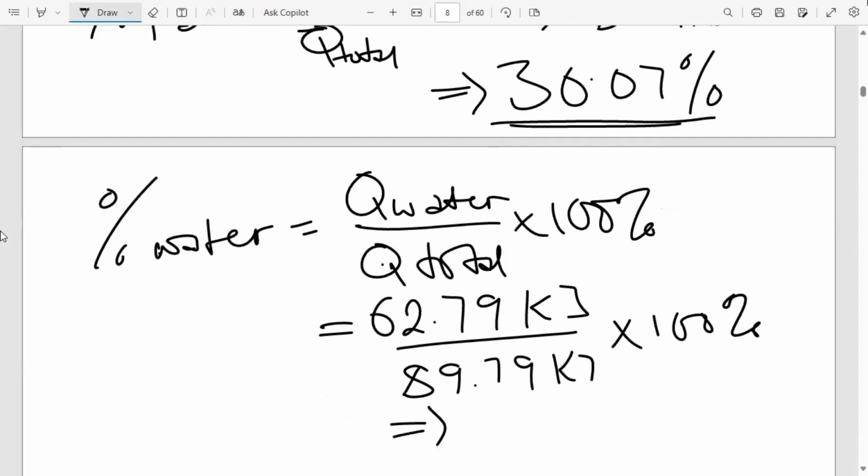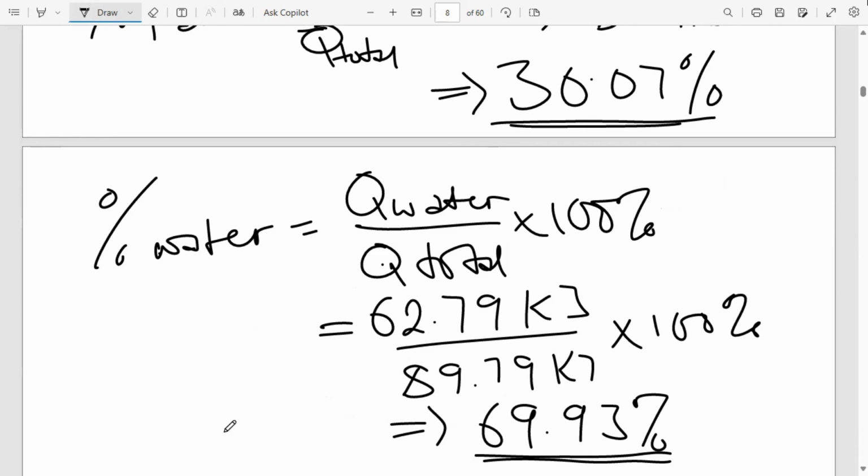And we're going to get the final percentage of the heat that is required to heat the water as 69.93%. So those are the percentages that are required to heat the pan and the water respectively. And when we reach that point, that means we are done with question 5.